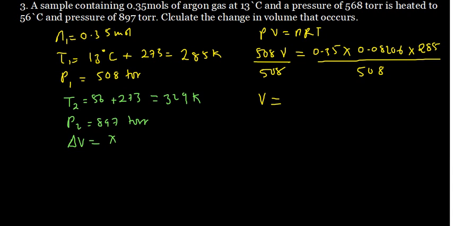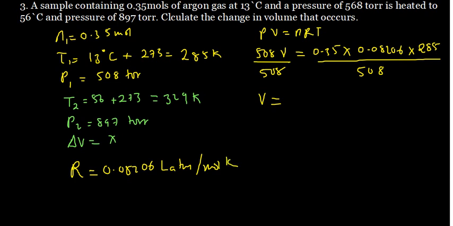So from what we are using here, I hope we took note of that one. Remember, the R was 0.08206, and this one was given in liter atmosphere per mole Kelvin.